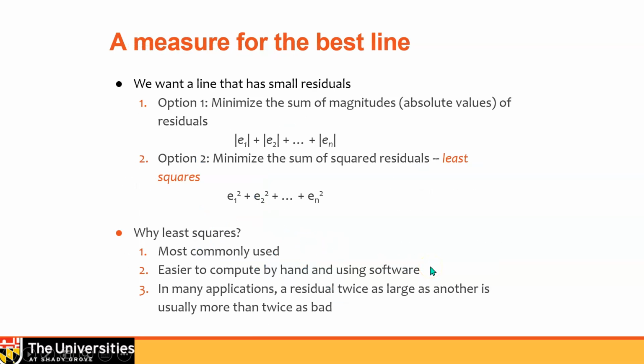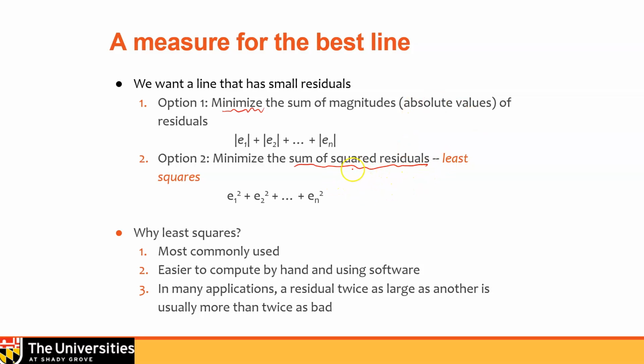So we want a line that minimizes the sum of the magnitudes of those residuals, or we can minimize the sum of the squared residuals. And it turns out that we typically use the minimization of the sum of squared residuals.